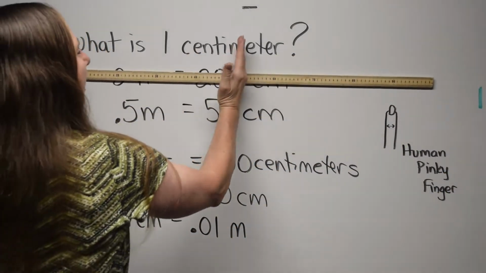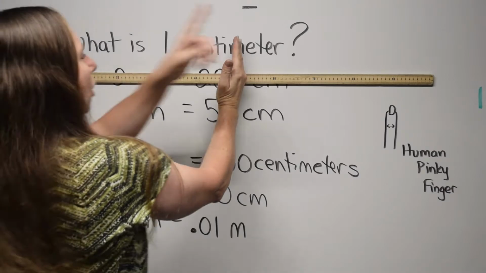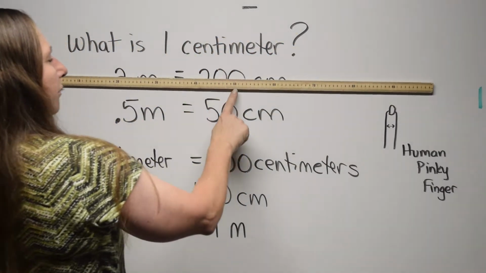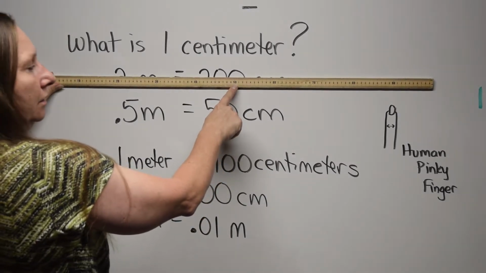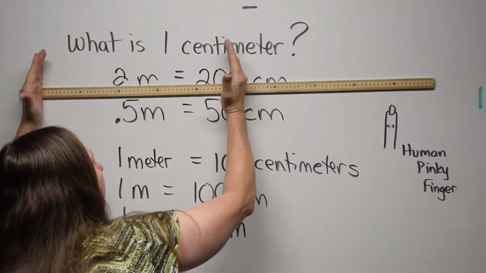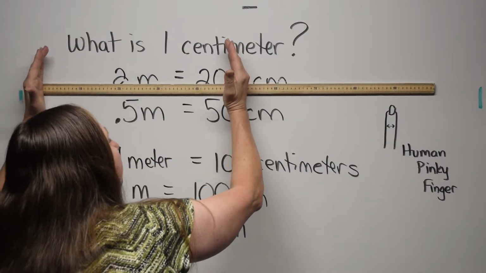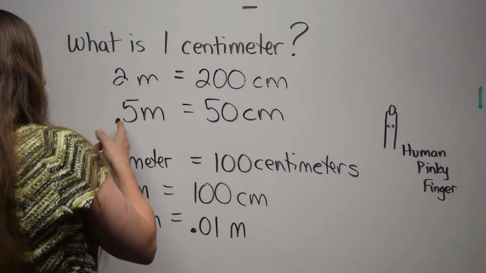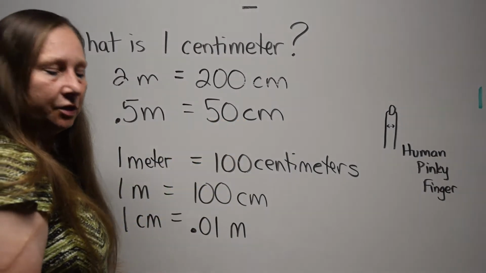Half a meter is right here. That's a whole meter. Half a meter is from here to here. Half a meter is 50 centimeters, right there. If a whole meter is 100 centimeters, then of course half a meter is 50 centimeters.